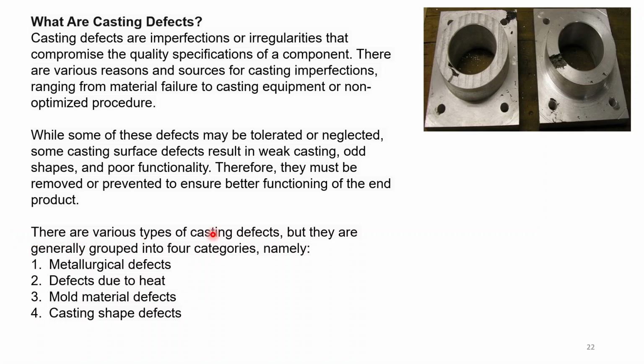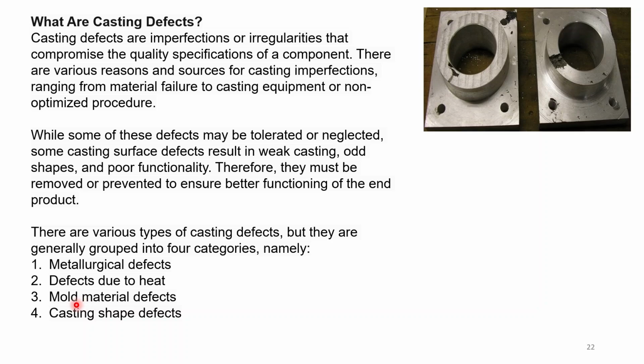So these are various types of casting defects, but they are generally grouped into four categories. First is metallurgical defects, which depend on the material factor. Defects due to heat, meaning how heat extraction happens. Mold material defects, meaning what type of mold material you are using.